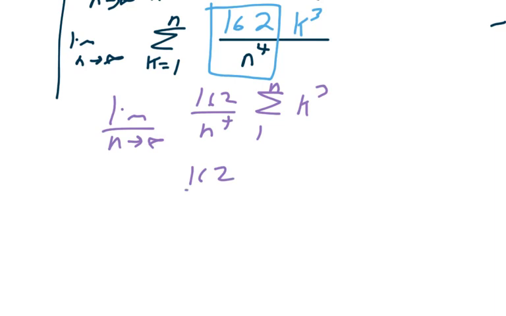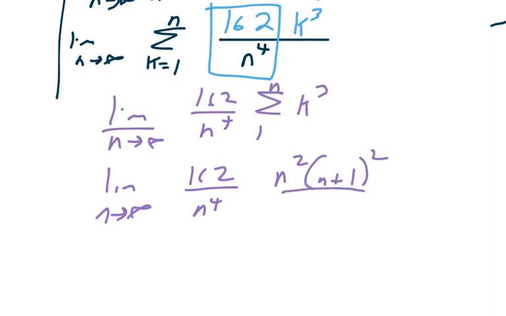In the formulas I gave you today, the sum of k cubed is the same thing as n squared times n plus 1 squared over 4. And so when I multiply this out, I'm going to get 162 n to the fourth over 4n to the fourth.